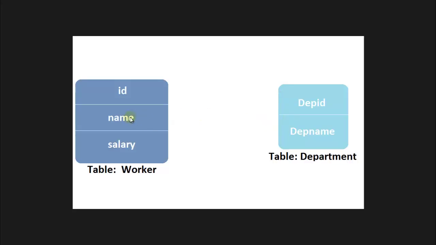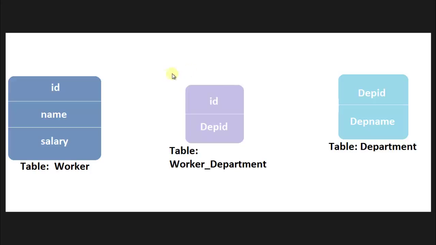This is how we are going to make a relationship between these two tables. By means of Hibernate, we can achieve this relationship by introducing one more table in between these two tables, the worker department table.